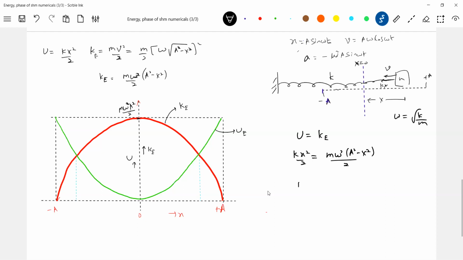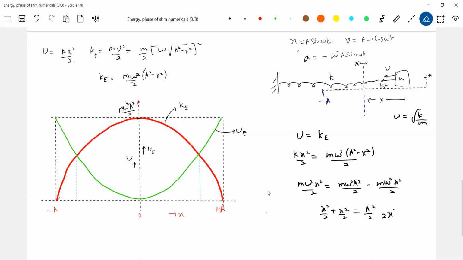So in place of k, I can write m omega square. So m omega square x square by 2 equals m omega square a square by 2 minus x square by 2. So m omega square gets eliminated. So x square by 2 plus x square by 2 equals a square by 2, or 2x square equals a square.